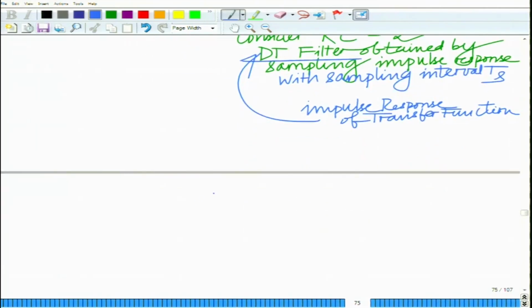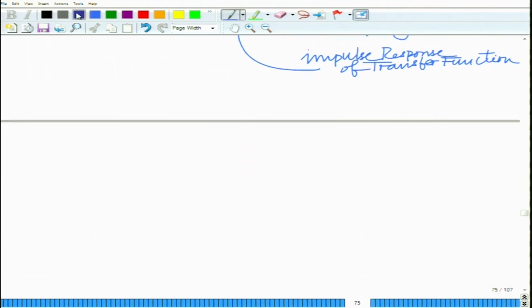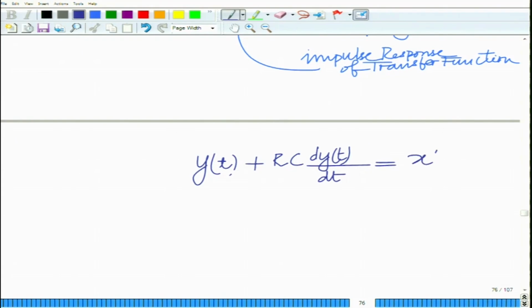Now, we know the difference equation is given as, and we have seen this several times before, y(t) is the voltage across the capacitor plus, from Ohm's law, R into I, that is RC dy(t)/dt, the potential drop across the resistance, and this has to be equal to the input voltage, that is x(t).